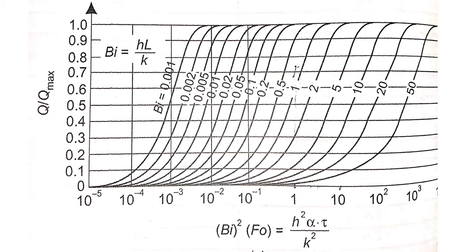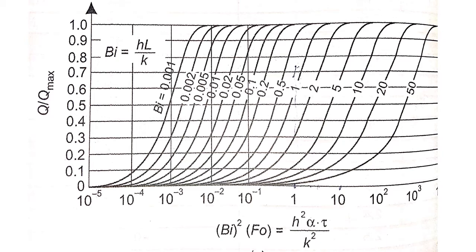Only the notations are different; all the values are the same. This is sketch C, figure C, and you can see a similar sketch in the data handbook, no problem. Biot number is h into L divided by k.